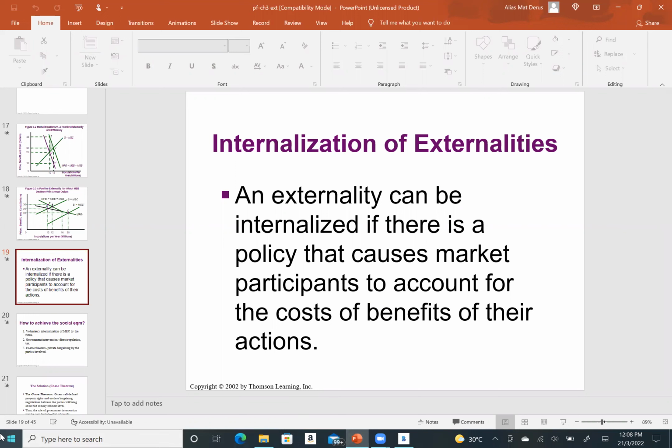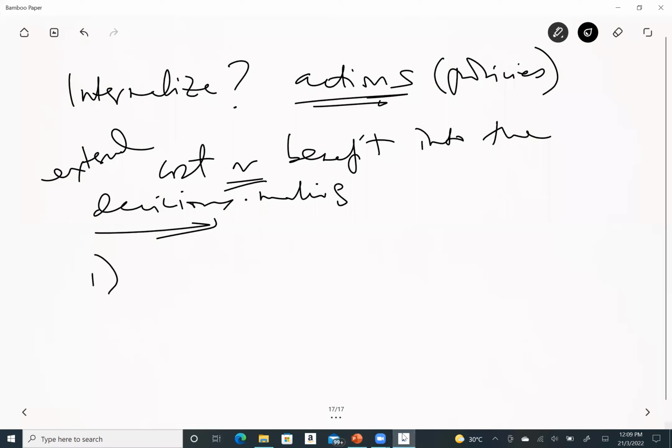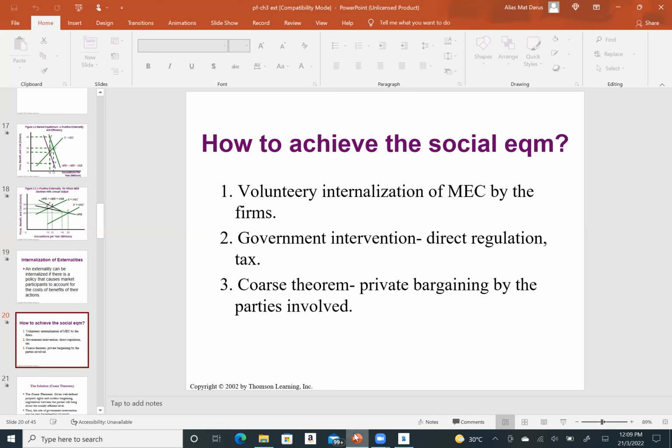Okay, there are a few ways. Number one, voluntary internalization. It's not necessarily just the negative externality, it can be positive, it can be negative, so use the word voluntary. The negative one is just an example.